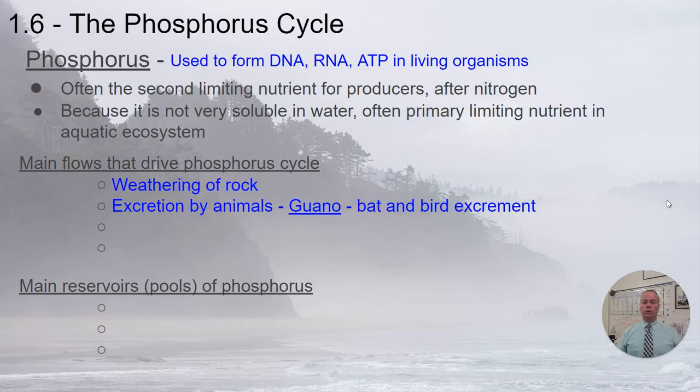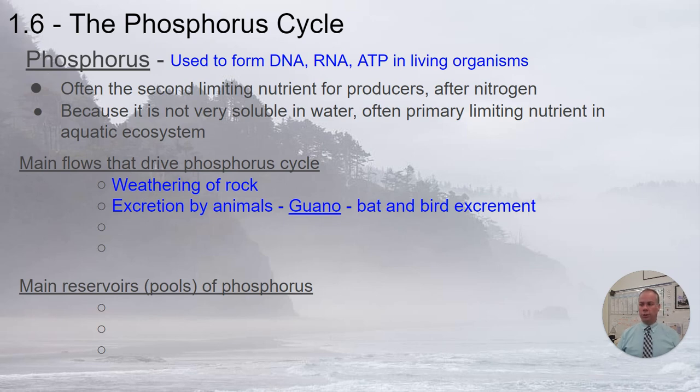An important source of phosphorus is guano. Guano is a name that's given to the excrement of birds and bats. Before humans developed ways of producing synthetic phosphorus fertilizers, guano was the main way that in agriculture we could add phosphorus to improve yields.